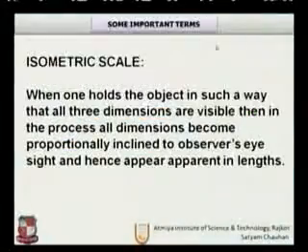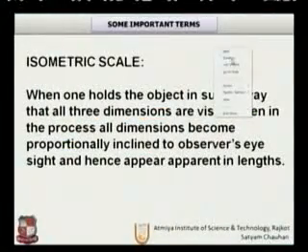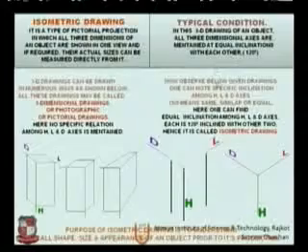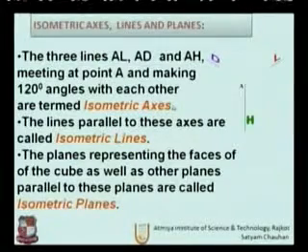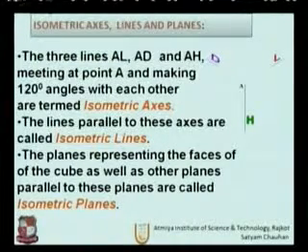Any line parallel to these axes will be called an isometric line. The planes representing the faces of that cube, as well as other planes parallel to these planes, are called isometric planes.